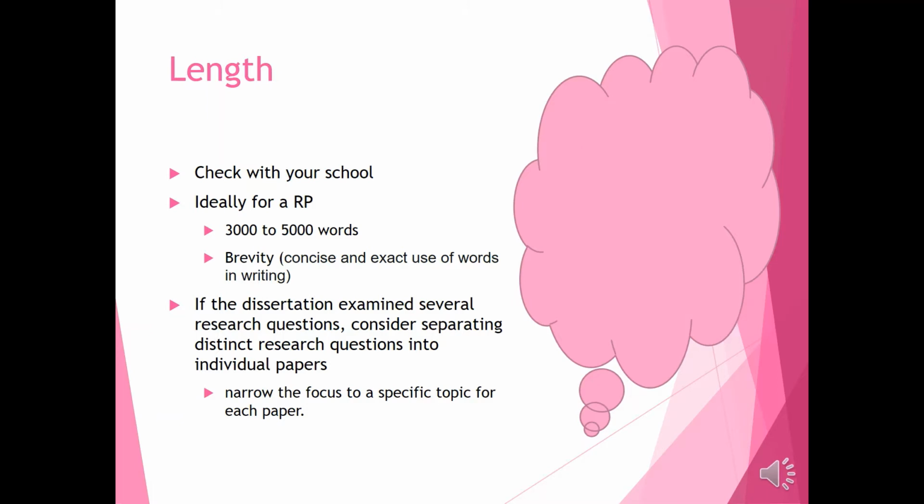It has to be very brief but concise and use exact words in your writing. If your dissertation examines several research questions, consider separating distinct research questions into individual chapters. Narrow the focus to a specific topic for each chapter.